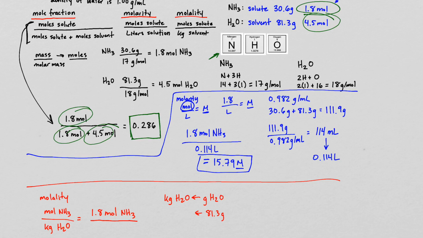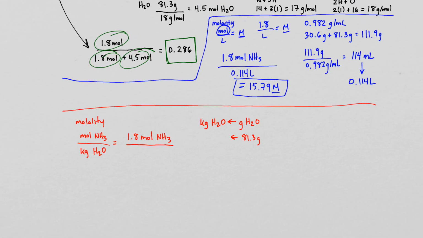The way you do that is by moving the decimal place 3 places to the left, and you get 0.0813 kilograms. That goes in our new denominator, so 0.0813 kilograms of H2O.